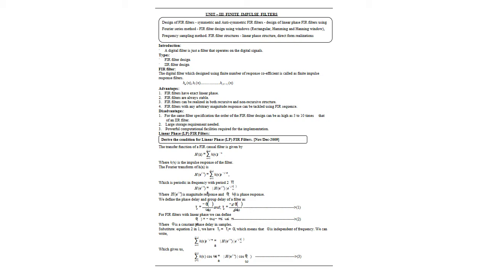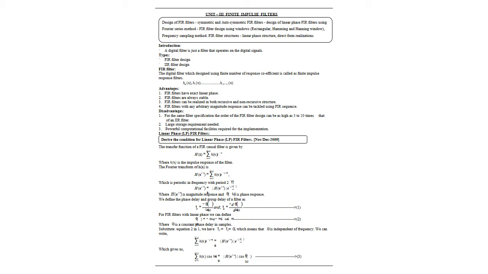We also design linear phase FIR filters using the Fourier series method. Then FIR filter design using windows, that is rectangular window, Hamming window and Hanning window. Next we are going to see the frequency sampling method, FIR filter structures, then linear phase structures and direct form realizations. All these things we are going to see in this unit.